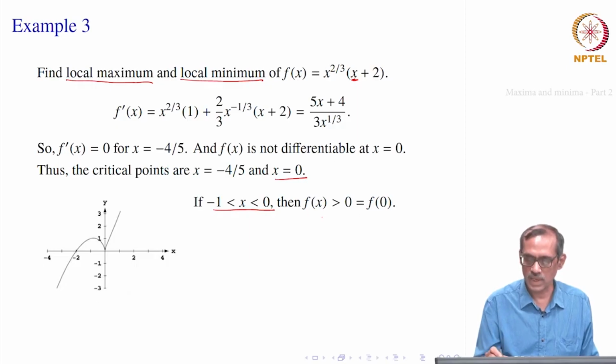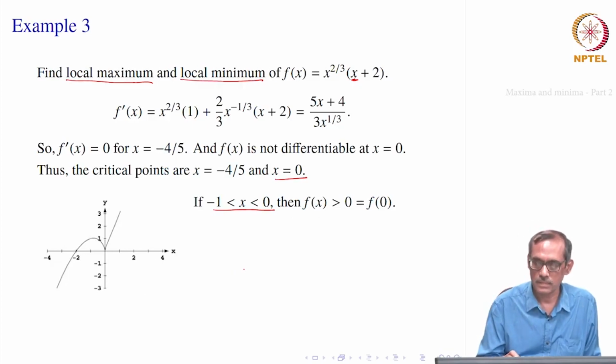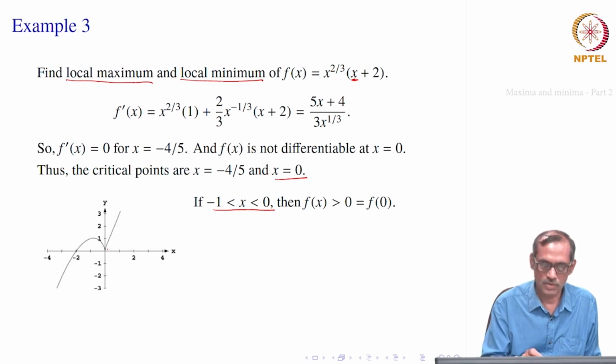So, you get f of x greater than 0, which is f of 0, right. Is that okay? You are taking the left neighborhood and f of x is bigger than 0, that is what you see from the graph also.